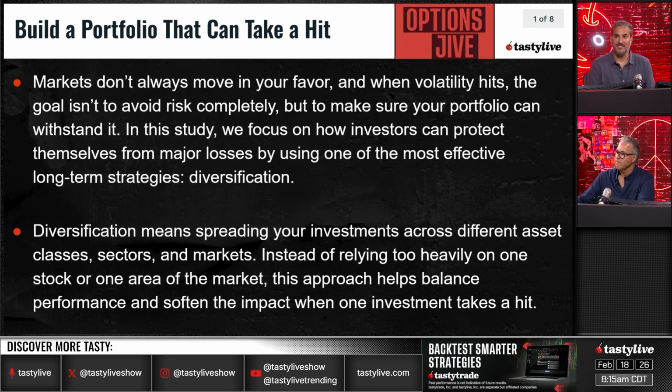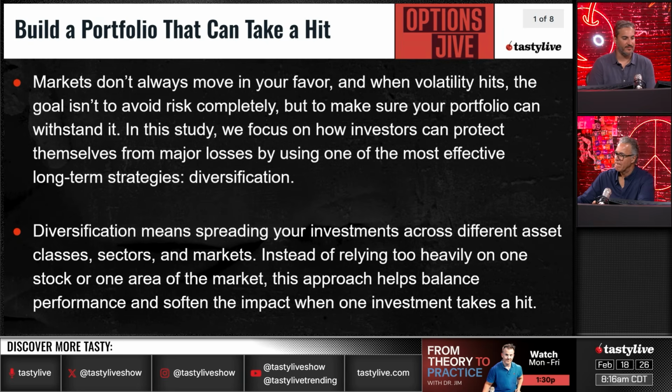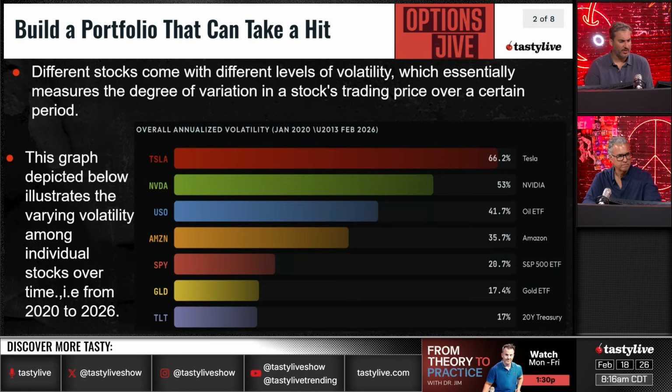When we talk about stocks themselves, different stocks come with different levels of volatility, which essentially means the degree of the variation in the stock's trading price over a certain period. And we're on the next slide here. When you look at a Tesla and Nvidia, you should expect much greater price movements in both directions.